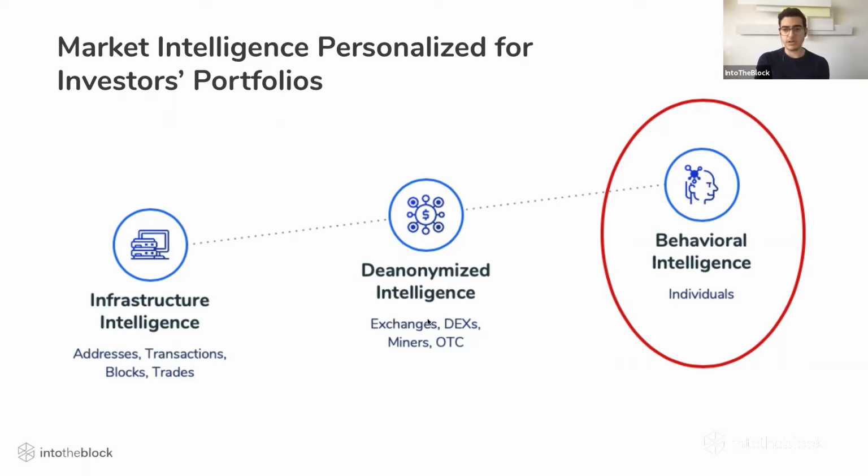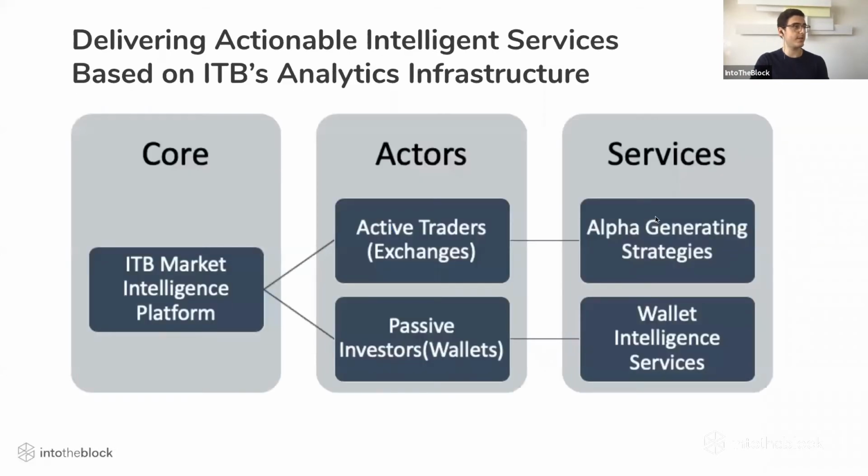And that's an area of focus of ours, as well as analyzing behavior from decentralized exchanges, miners, and over-the-counter trading desks, in terms of what you can see on chain for those. And finally, which is the area of focus, we have behavioral intelligence. And it's a new area, and there's definitely a lot of potential for innovation.